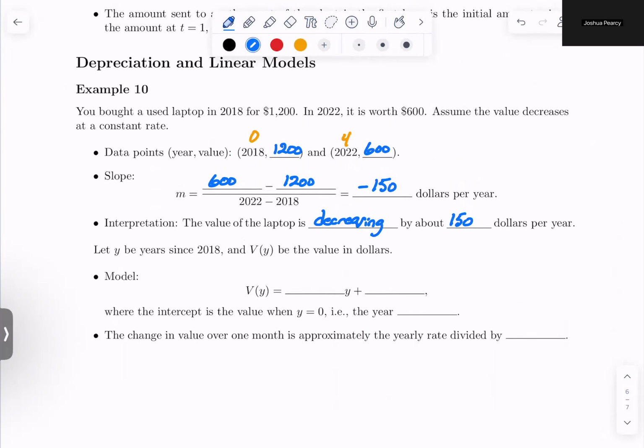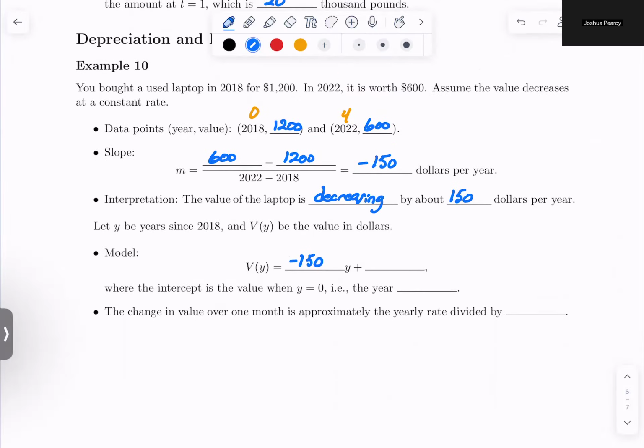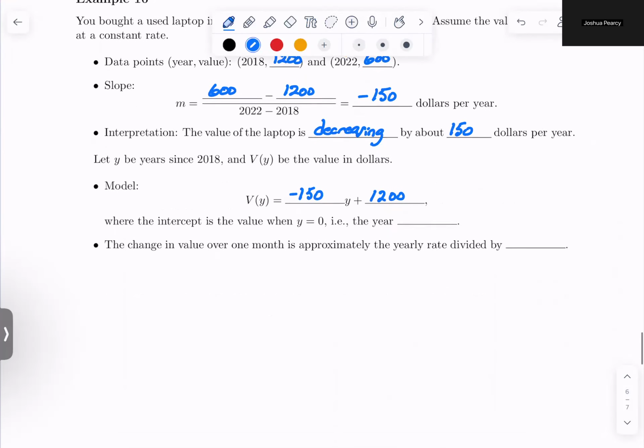Because what do I already know? I already know the slope, right? The slope is negative 150. But once I make this conversion to years since 2018, then now I actually know the y-intercept, right? The y-intercept is right here. It's 1,200. So here, the intercept is the value when t equals 0, or the value of the laptop in the year 2018.